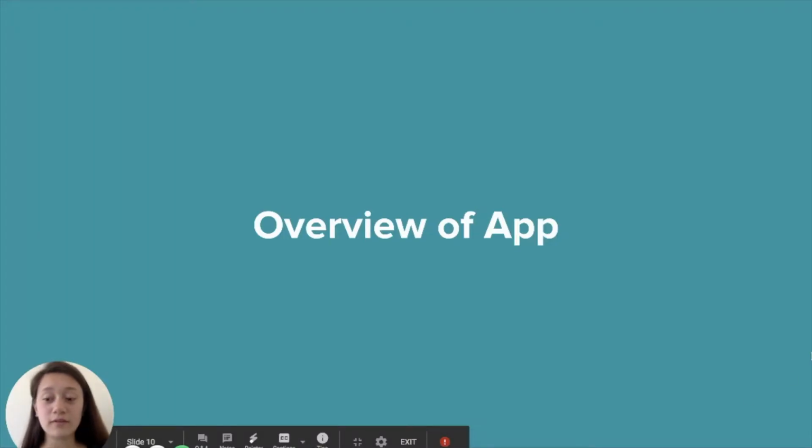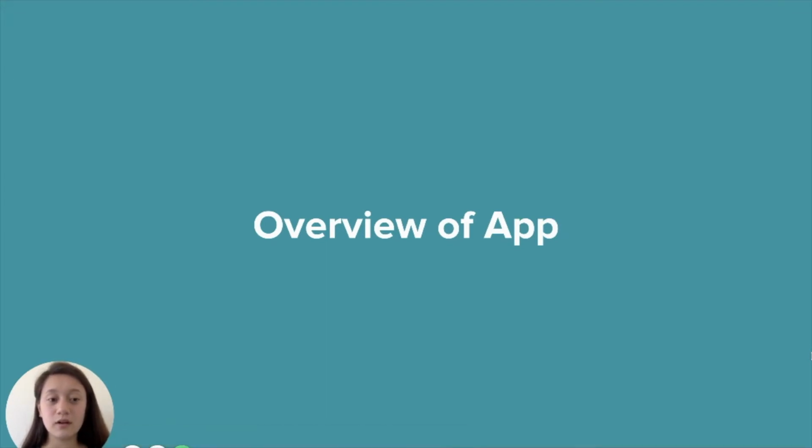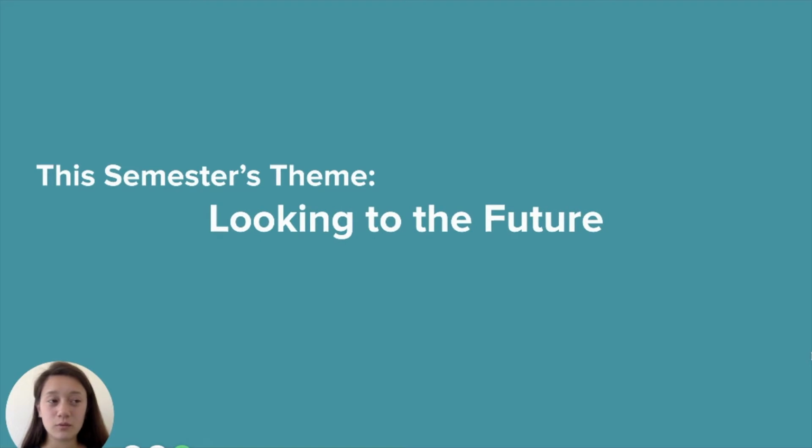So now that I've given you guys a little bit of an overview of our app, I'm going to walk you guys through what we're going to be telling you about in this presentation. So essentially, we've kind of reflected and realized that this semester, the biggest thing that we've been thinking about is the future, because ultimately at the end of this, we are handing this app off to Unloop, and they're going to be using this as their internal tool.